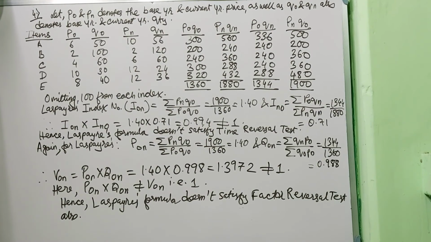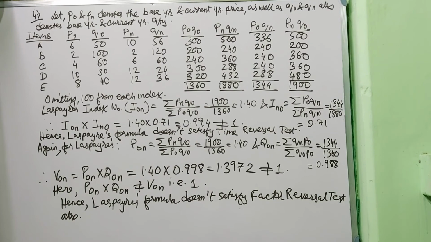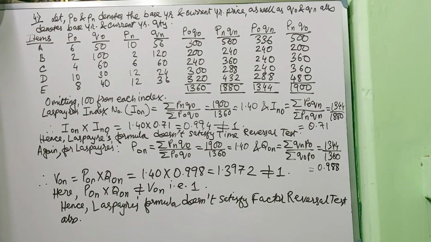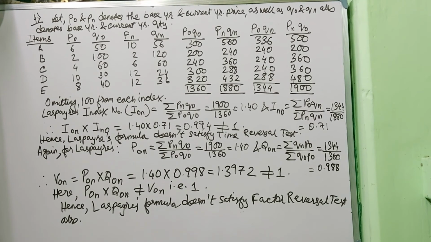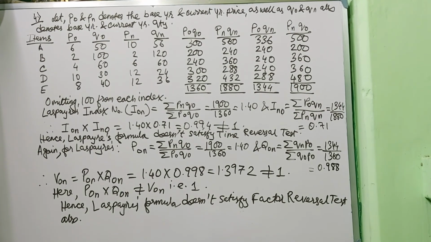One is the aggregate expenditure method, which will be called the aggregative method, and the other will be the weighted method of relatives or family budget method. Cost of living index is sum of IW, I means index into weight, divided by sum of weight. That is the formula which I will be discussing in my next class, and I will start directly with the sum of cost of living index.